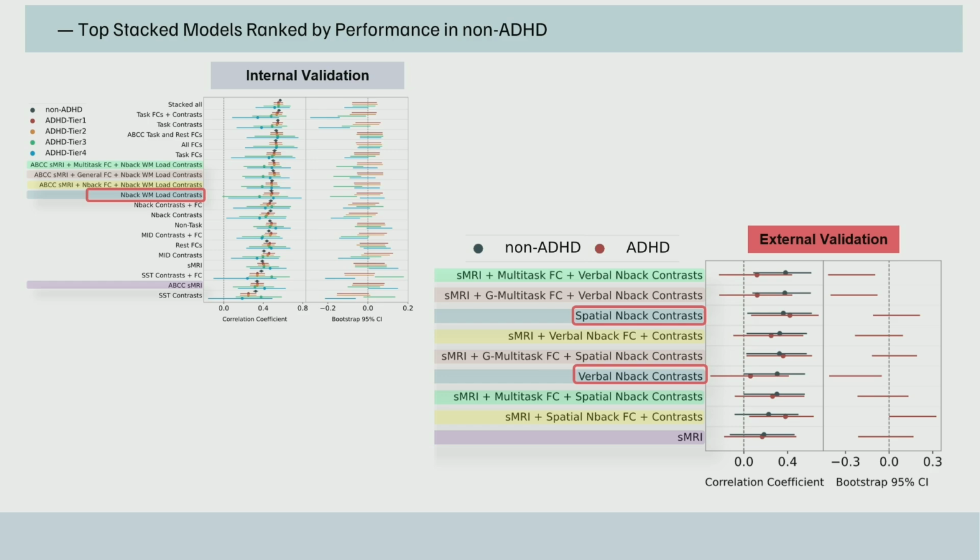And another interesting observation was that, unlike spatial n-back contrast, verbal n-back contrast performed significantly worse in ADHD, even though the same models were applied to them from ABCD. This might be because the spatial n-back task in external validation is closer in task demands to what we had in ABCD compared to the verbal n-back task.